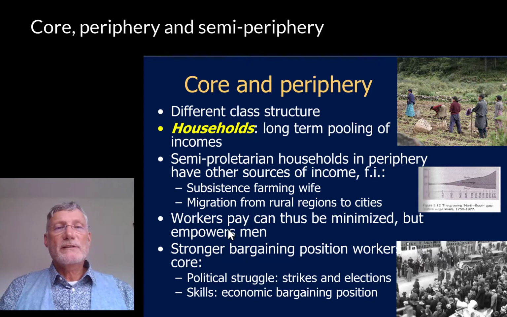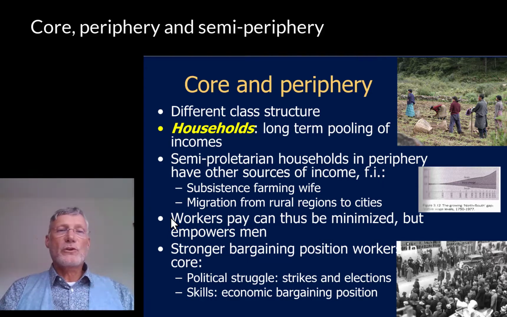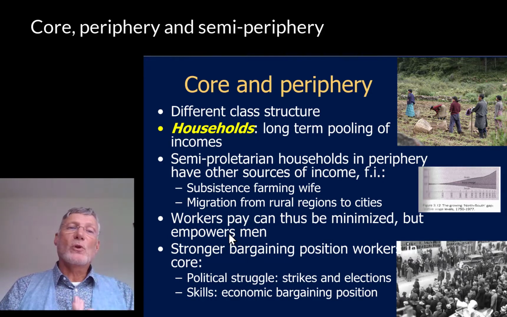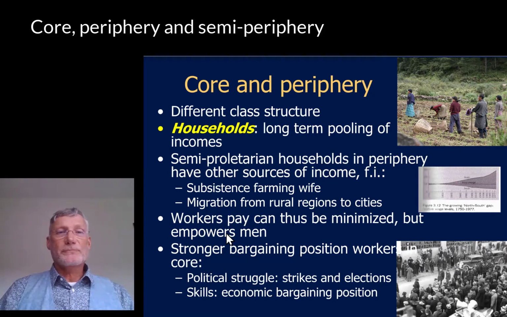So what's happening in these households? At the lower scale, wages can be minimized, but it also empowers the people, mostly men, who get waged labor internally in that household. Another point the last bullet point makes is that over time it changes.